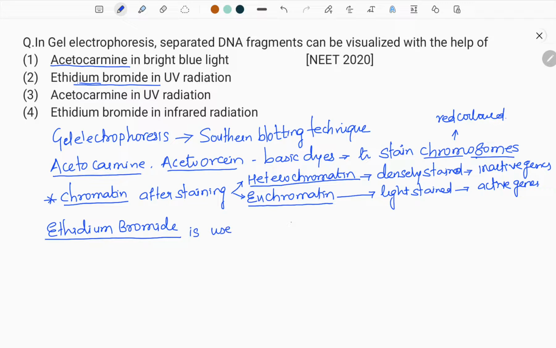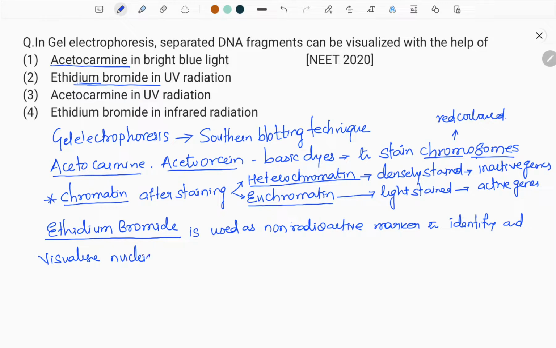It is used as a non-radioactive marker to identify and visualize nucleic acids in the form of bands in a process called electrophoresis.